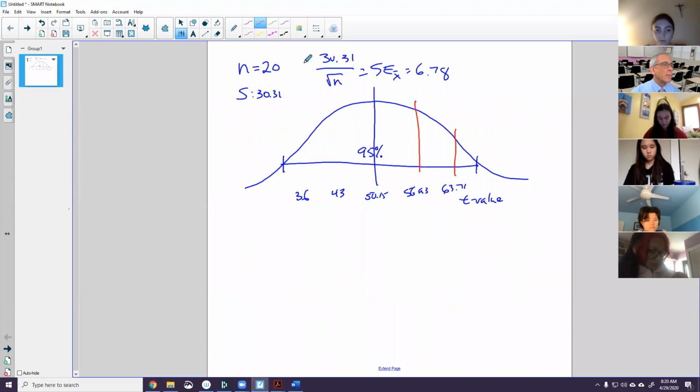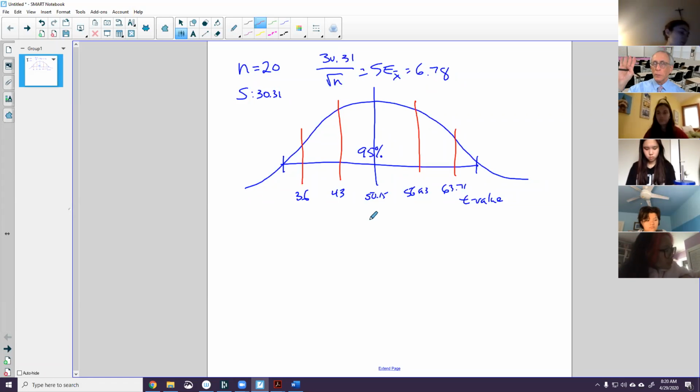Those are going to be 2 standard deviations the other way. Okay, again, I'm going to stop here, and I want to make sure everybody's following. Is there a question? No, we're still pretty good.